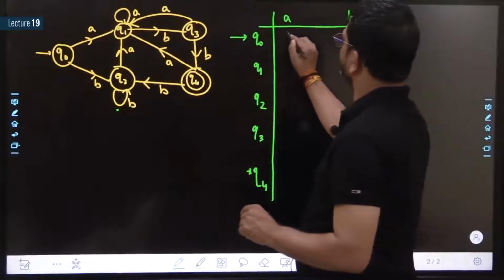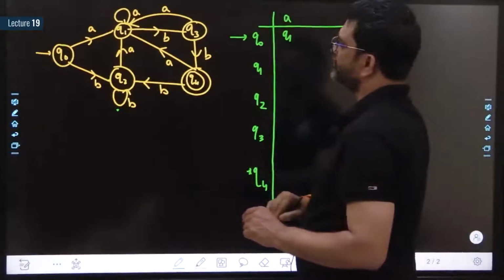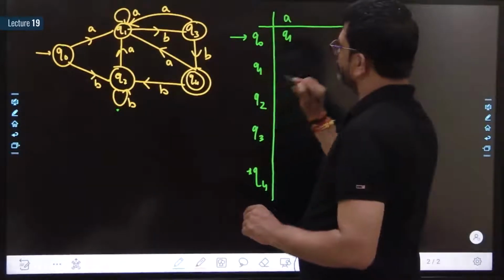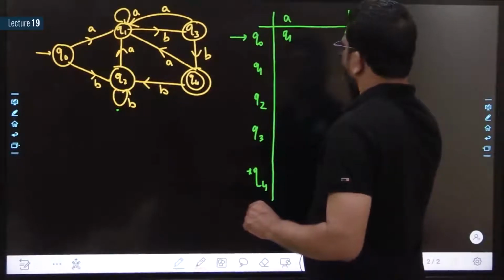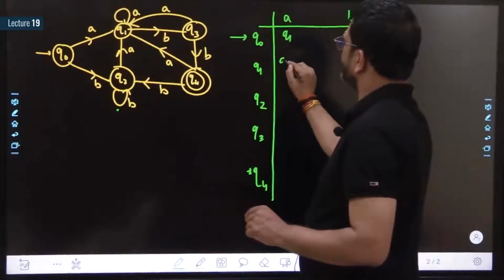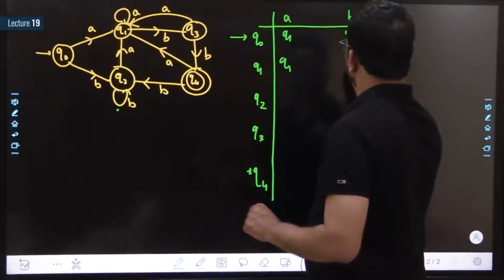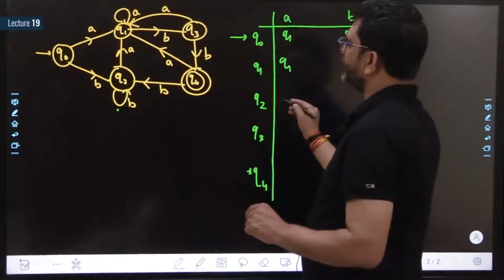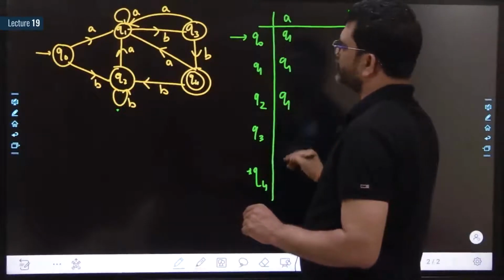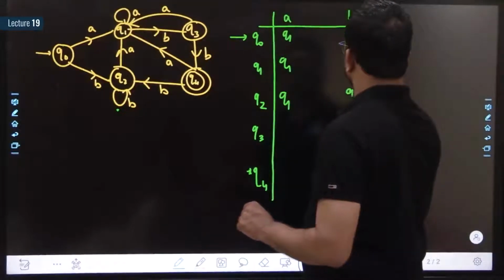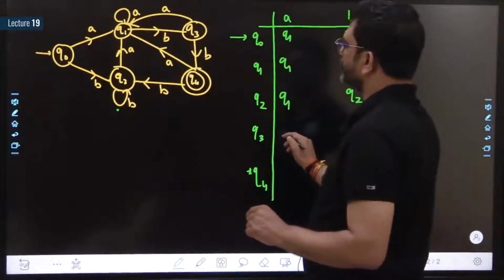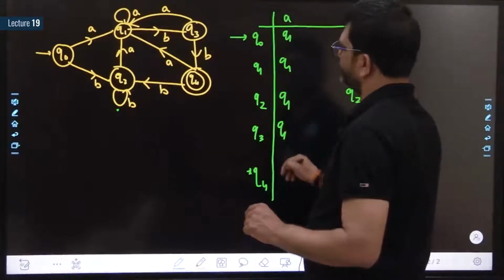Q0 on A, Q1. Q0 on B, Q2. Q1 on A, Q1. Q1 on B, Q3. Q2 on A, Q1. Q2 on B, Q2. Q3 on A, Q1.